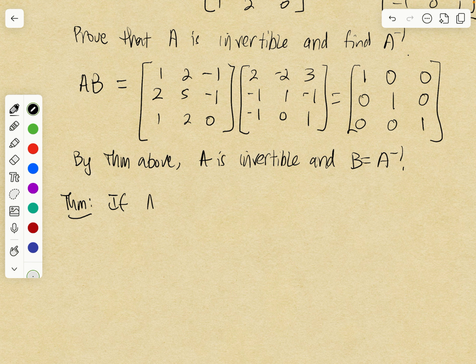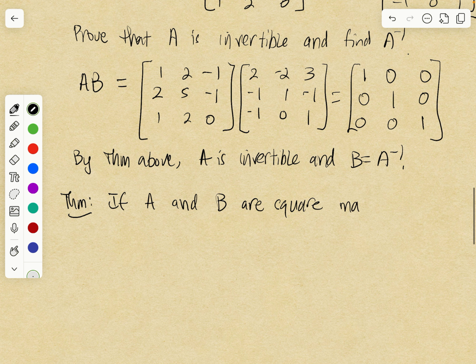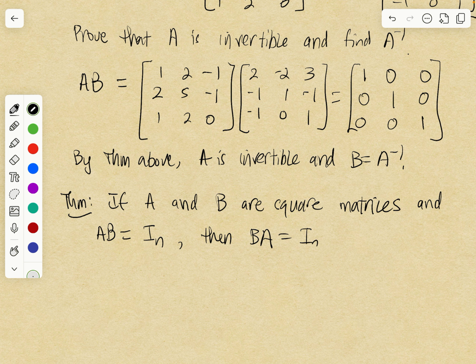If A and B are both square matrices, I might prove this in a different video, but I don't really want to spend all the time proving this. And A times B is the n by n identity matrix, then B times A is also the identity matrix, and vice versa.